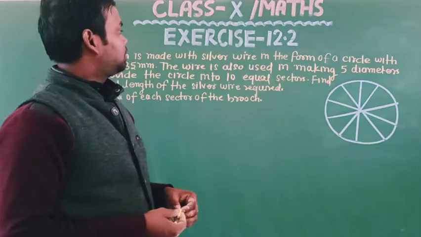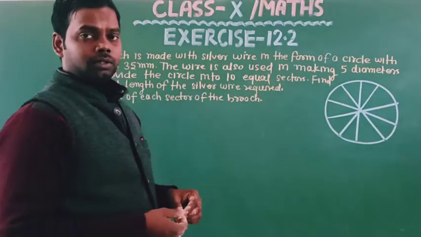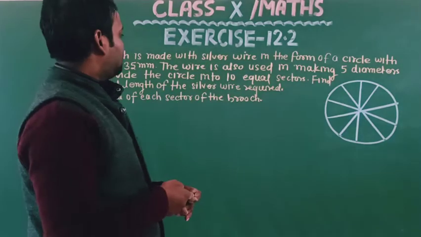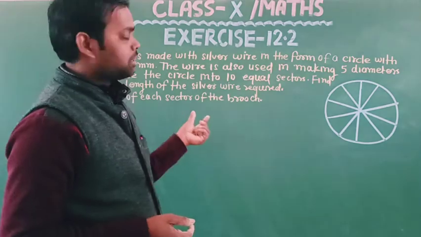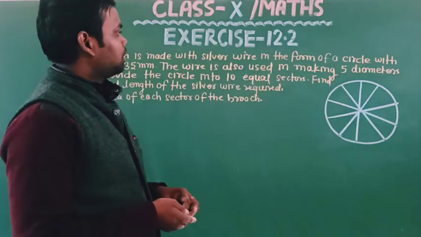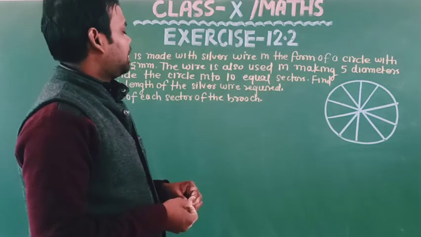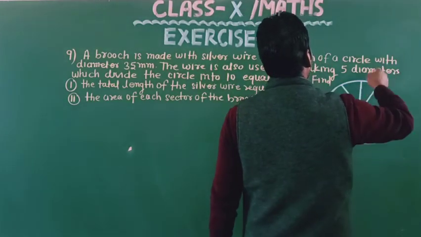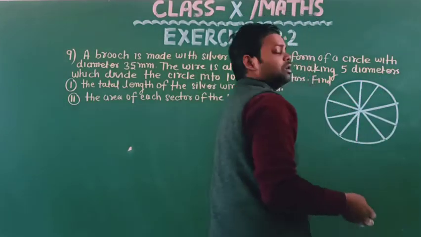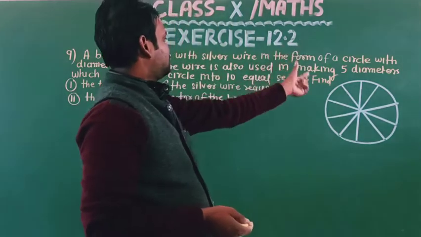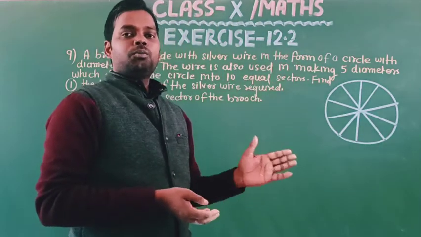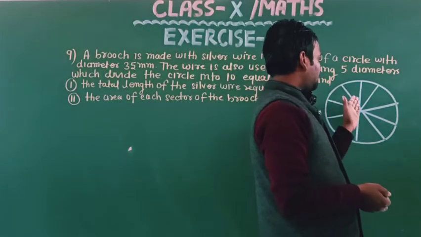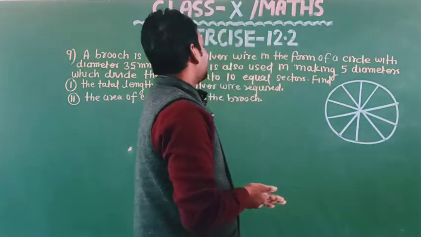So dear children, basically in this question it has been said that a brooch is made by using silver wire in the form of a circle with diameter 35 mm, and also uses 5 diameters to make this brooch, and these diameters divide the whole circle into 10 equal sectors.